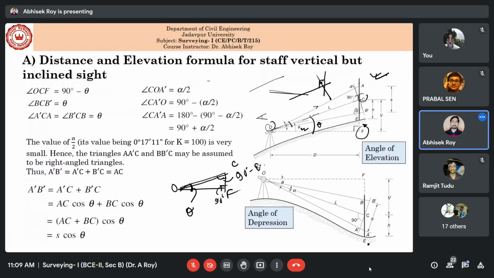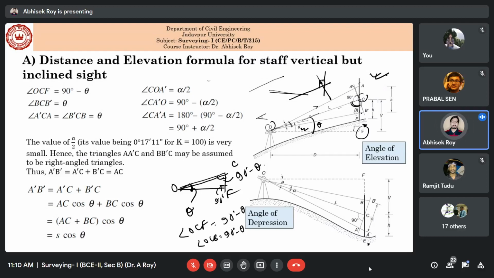So this angle, that is OCF, is equal to 90 degree minus theta. Instead of OCF, we can write OCB also, because they denote the same angle, 90 degree minus theta.